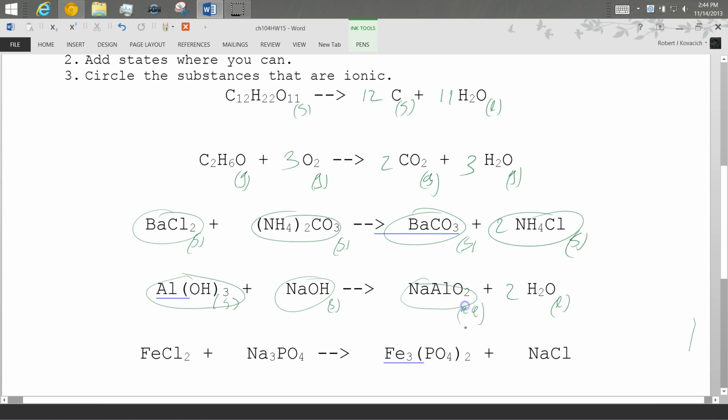So yep, that guy's going to be aqueous. Do we follow that? There's water on the product side, so now I can decide if it's soluble, if it'll actually dissolve or not. And since there's sodium in the compound, the first rule for soluble ionic compounds is group 1 metals are soluble, period. So there's a group 1 metal there and some water, so it's going to dissolve. You good with that?